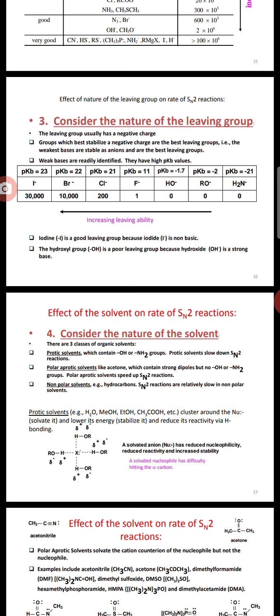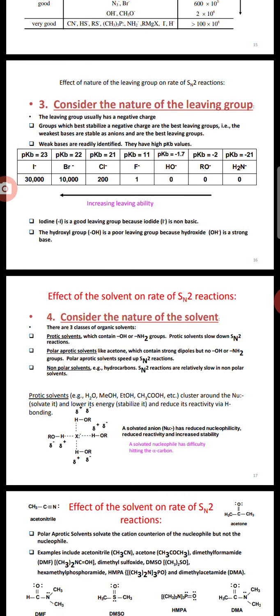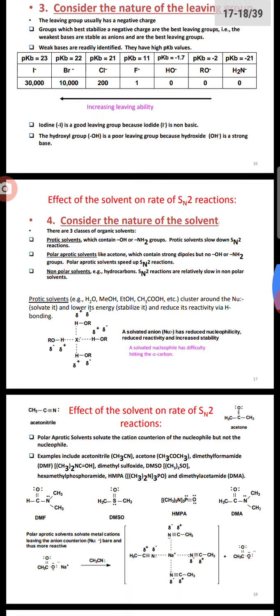Protic solvents like water, methanol, ethanol and carboxylic acids form clusters around the nucleophile, lower its energy and stabilize it, and reduce its reactivity via hydrogen bonding. So protic solvents decrease the rate of the SN2 reaction.